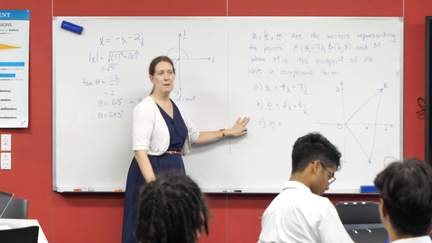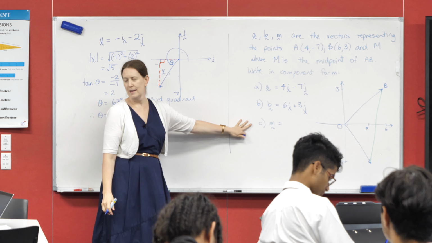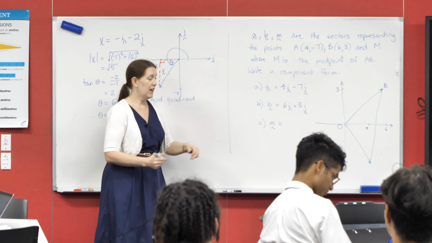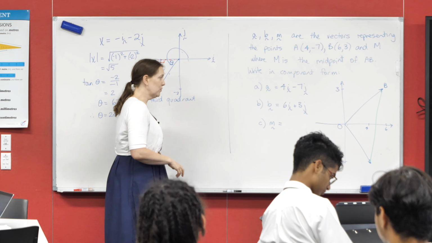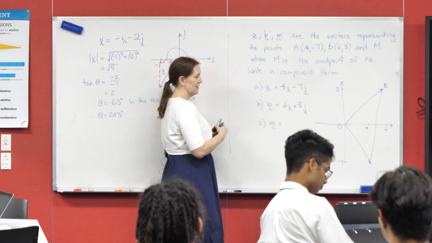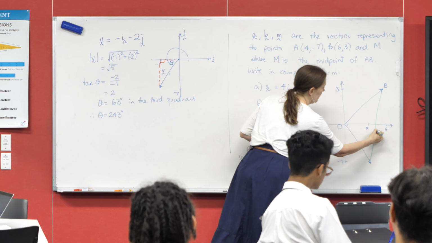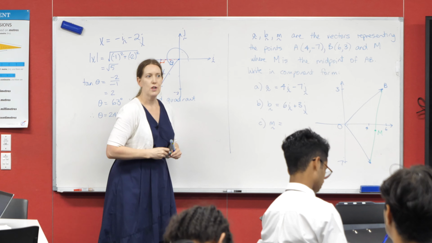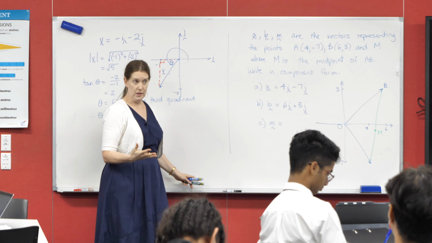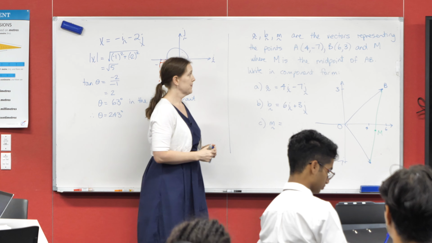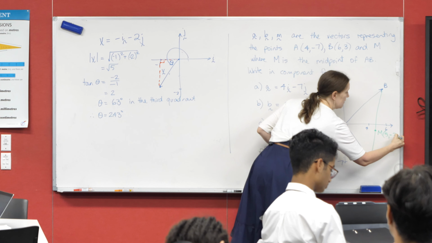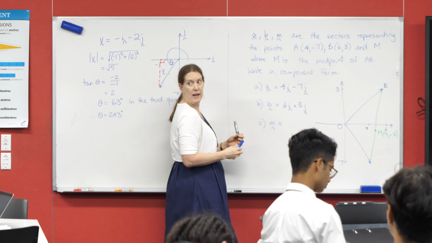Now, there's a bit of a trick to M, but not much of a trick to M. Diagrammatically, it's quite simple to see where M is. It ends up being about there if you've drawn it correctly. So you can actually work out the coordinates of M. What are they? 5 and -2. So that means our M vector is?